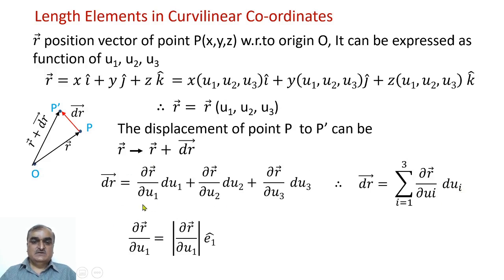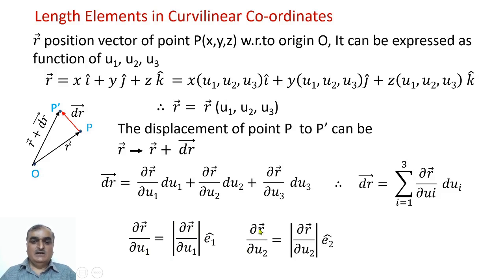Let this ∂r bar by ∂u1 be written by this equation, because a unit vector is equal to the vector upon its magnitude. Therefore, this is the magnitude of ∂r bar by ∂u1, and this is the vector.